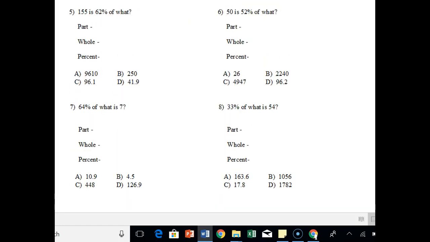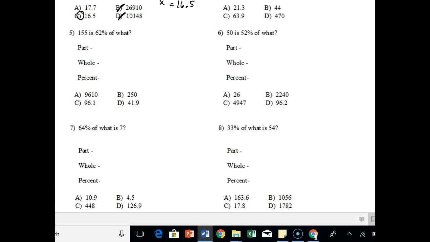Number 5, it says 155 is 62% of what, right? So 155 is our part, 62%. Obviously, if it has a percent sign, it is a percent of what? We don't know what the whole is. So 155 over x equals 62 over 100, right?